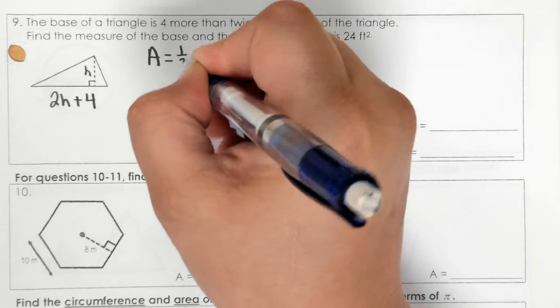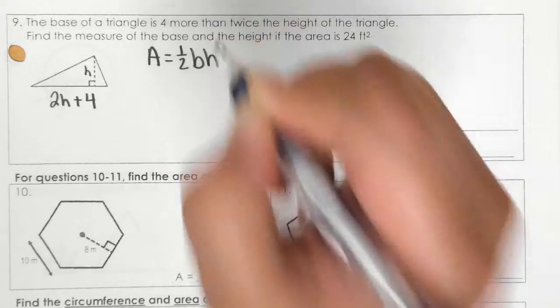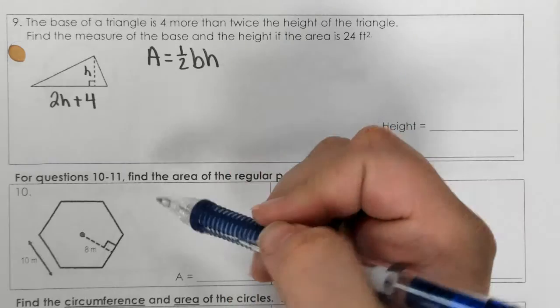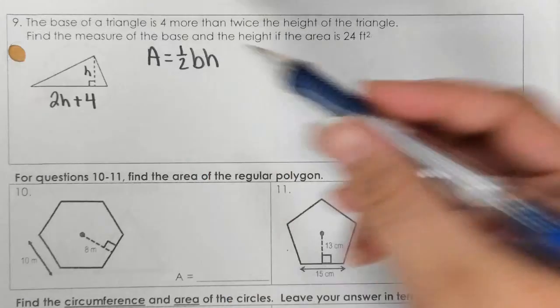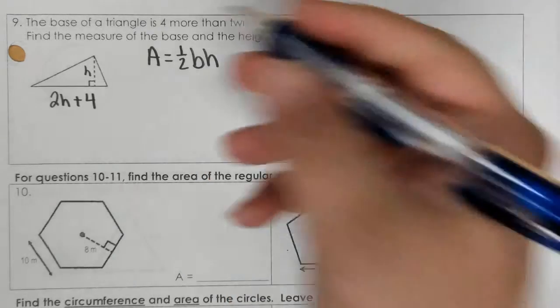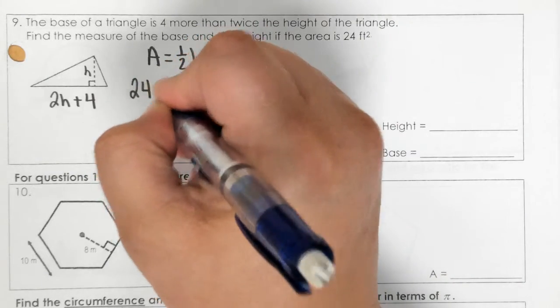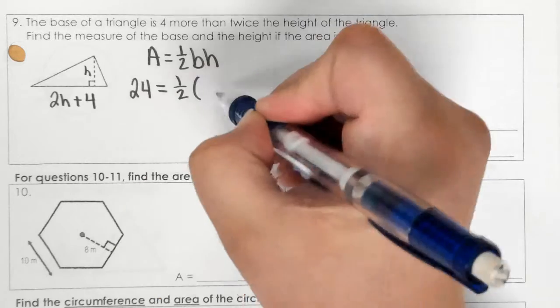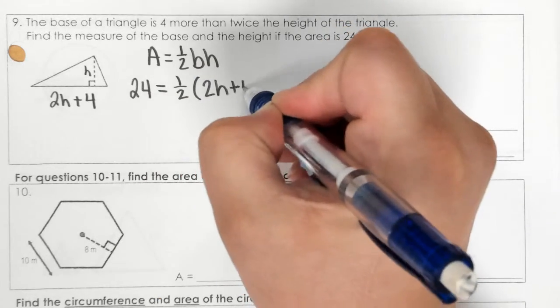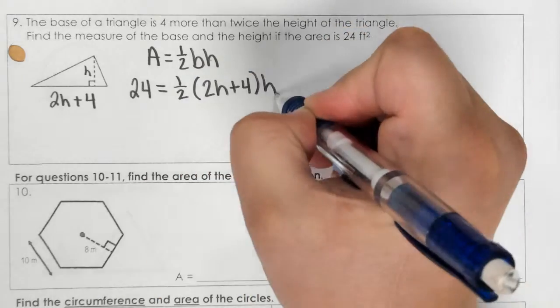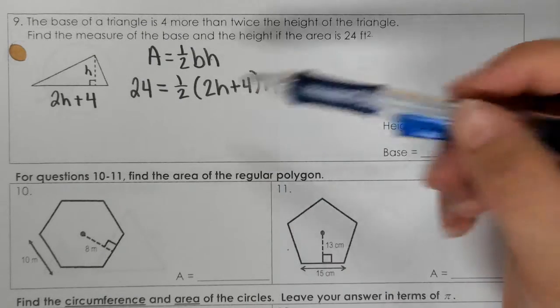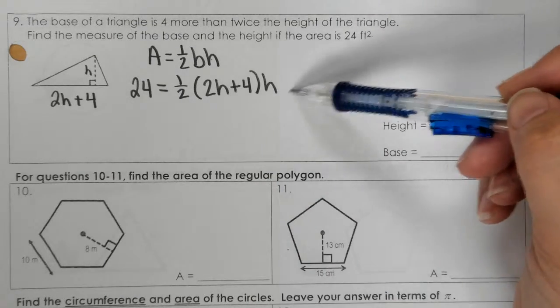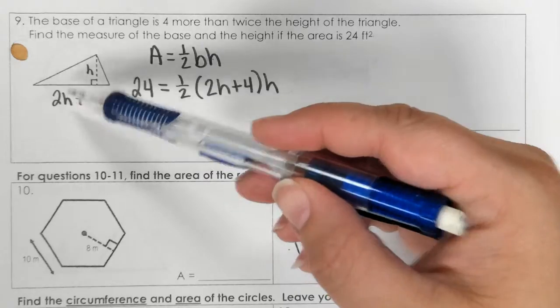So let's review area of a triangle. There's your formula. We know that the area is 24 feet. We also know that the base is the 2h plus 4 times the height, which is just h. Our goal is to find the variable h and plug it into this here to get our base.